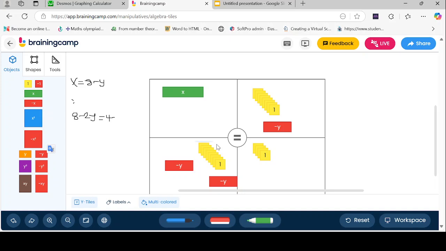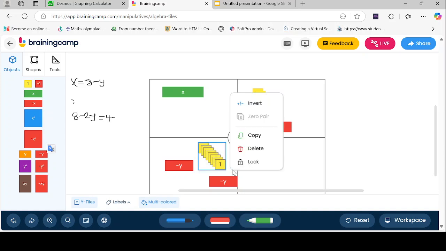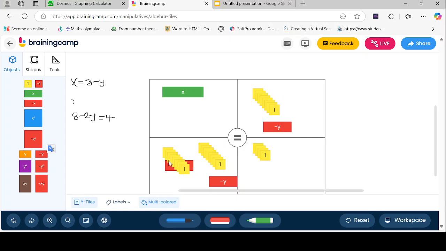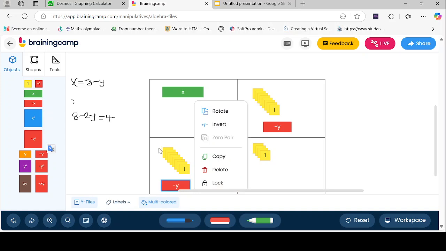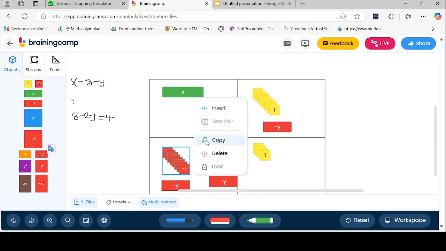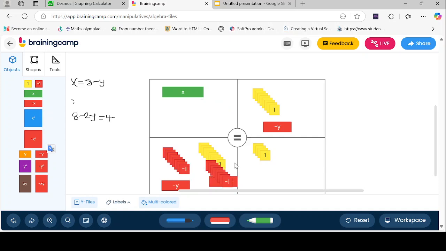So I'm going to copy the whole of this. So I've made a copy. Take it to this side, and let me bring the y down so that everything will be better. So here I'm going to make it negative. Invert means make a negative. I want to create a 0 pair. So I'm going to copy and drag it to the other side.